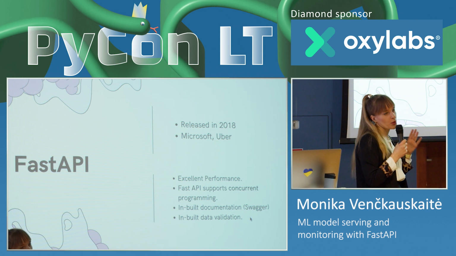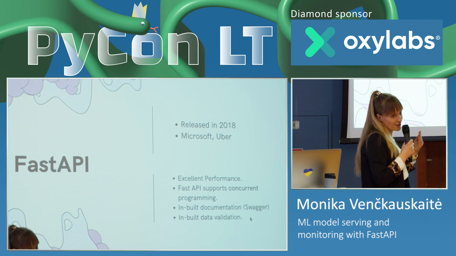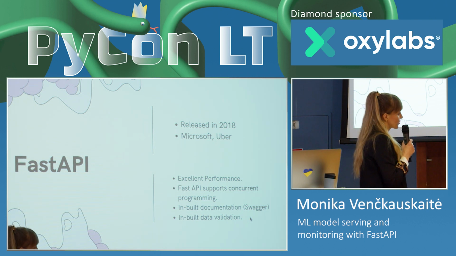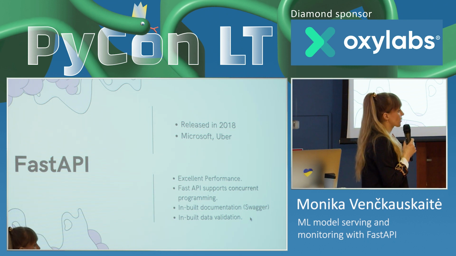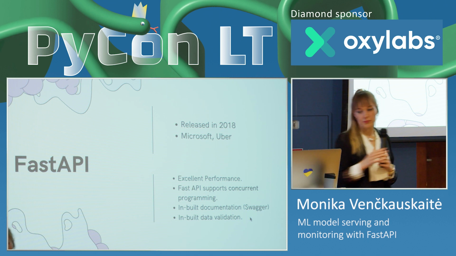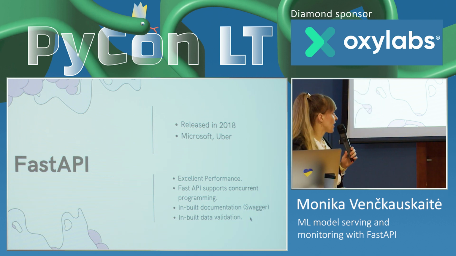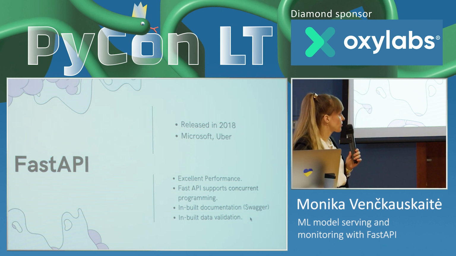Each time we serve a new model with Flask, we should also revisit whether we are doing the right validation and error handling. And with FastAPI it's pretty much out of the box.